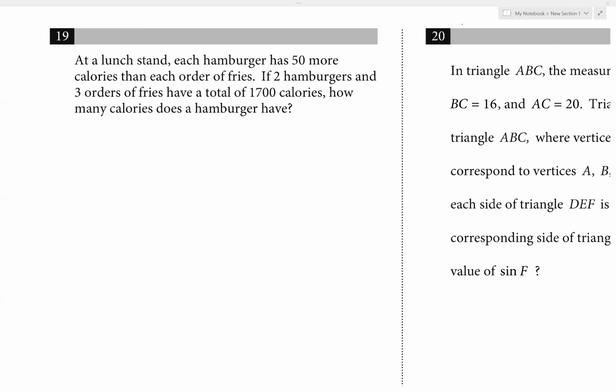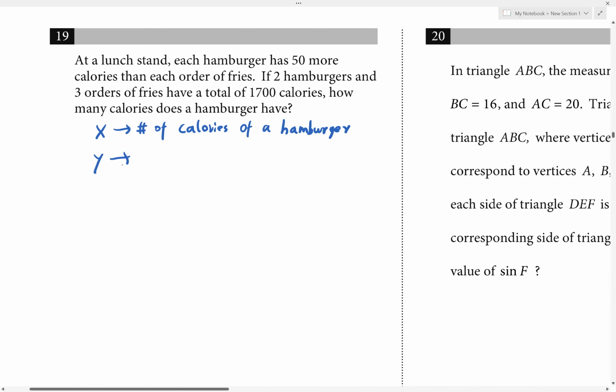Let x represent the number of calories of a hamburger, and then y we can use to represent the number of calories of an order of fries.